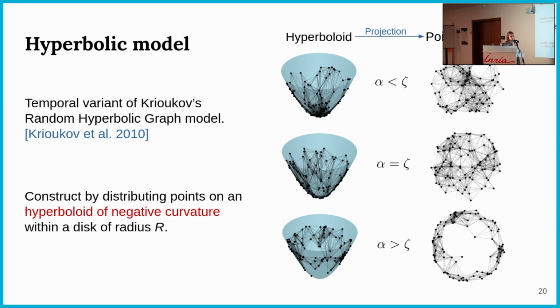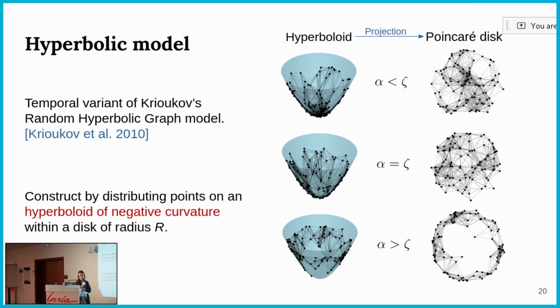The last model we considered is the hyperbolic model. In particular, we consider the temporal variant of the Krioukov random hyperbolic graph model. And here you can see the hyperboloid and its projection in the Poincaré disk.